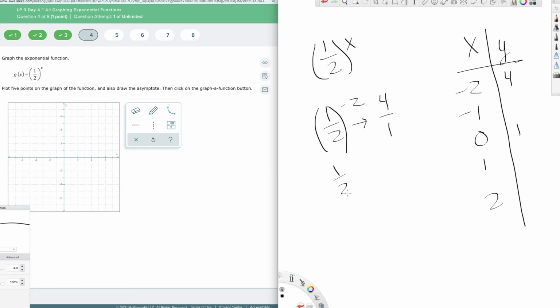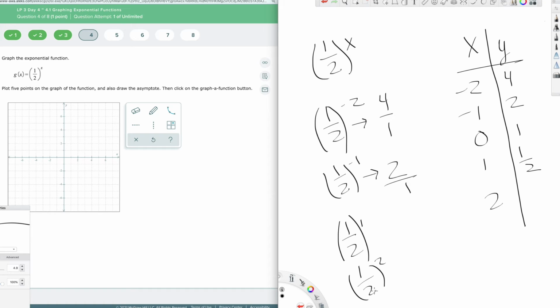And then this is to the -1, so I'm going to just flip it over, and it's going to be 2/1, or just 2. 1/2 to the first power, well, that's just going to be 1/2. And then 1/2 to the second power, that's going to be 1 squared and 2 squared, so that's going to be 1/4, like that.